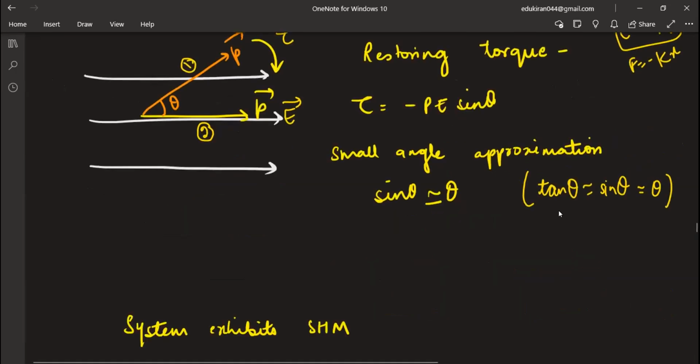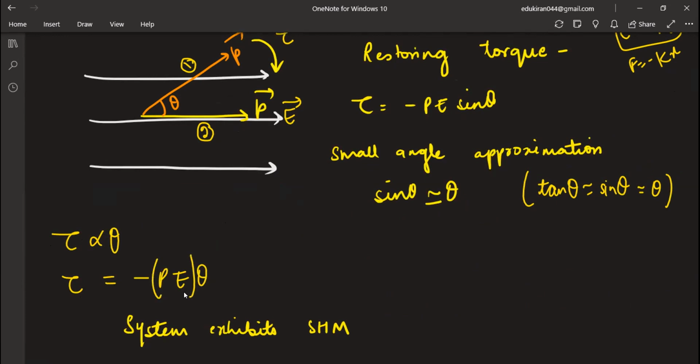If sine theta is almost equal to theta, torque is directly proportional to theta, and from here you can say torque is minus PE theta. Our equation was torque is equal to minus K theta.